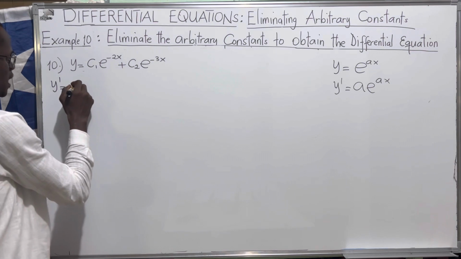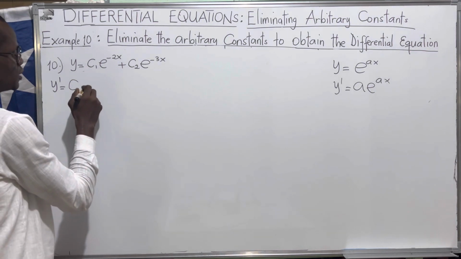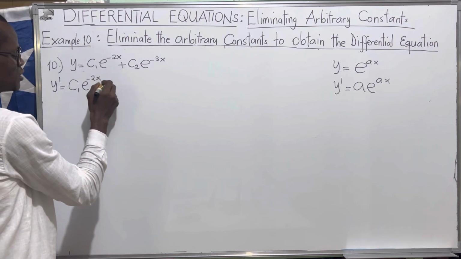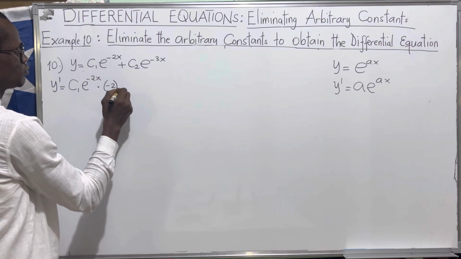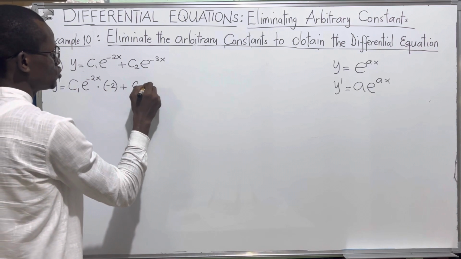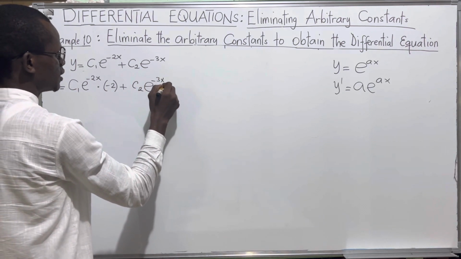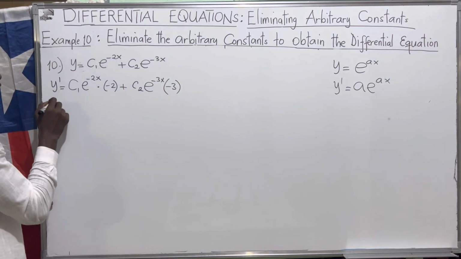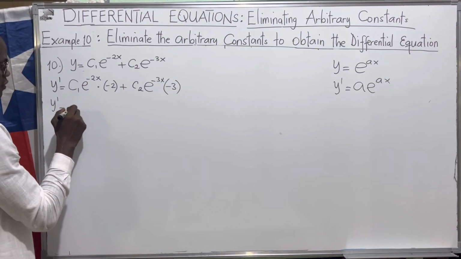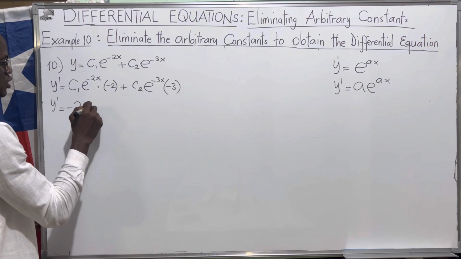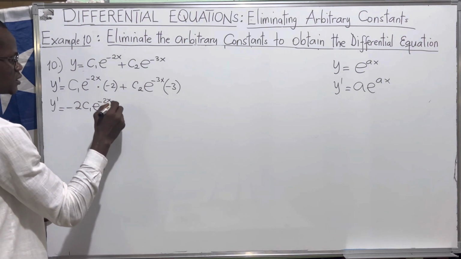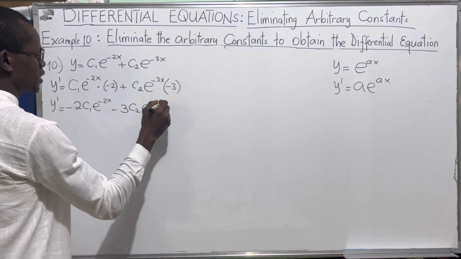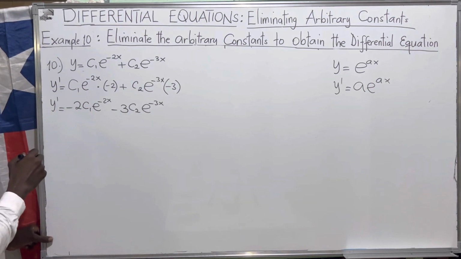So this becomes c1 e raised to the power minus 2x times the derivative of minus 2x, which is just minus 2, plus c2 e raised to the power minus 3x times the derivative of minus 3x, which is just minus 3. If we simplify, we have y prime equals minus 2c1 e raised to the power minus 2x minus 3c2 e raised to the power minus 3x. So that is equation number 1.